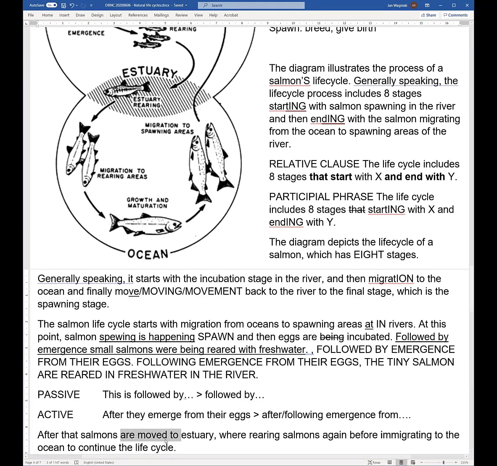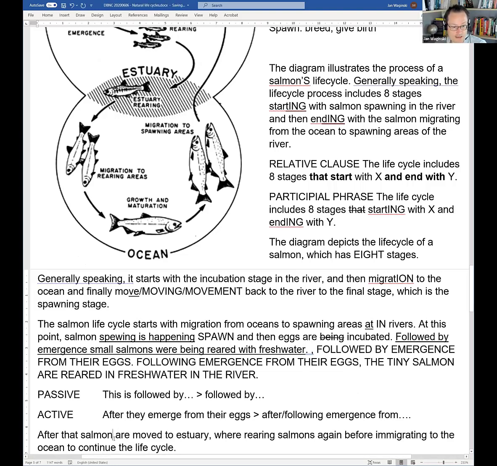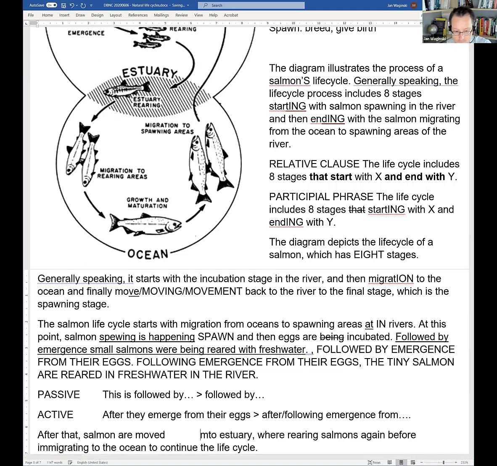I think, Mr. Yan, in natural cycle, we use more active voice. Yeah. So we're going to get rid of the S. After that, what do we need after that? Comma. And you can hear it. After that, salmon move to an estuary.